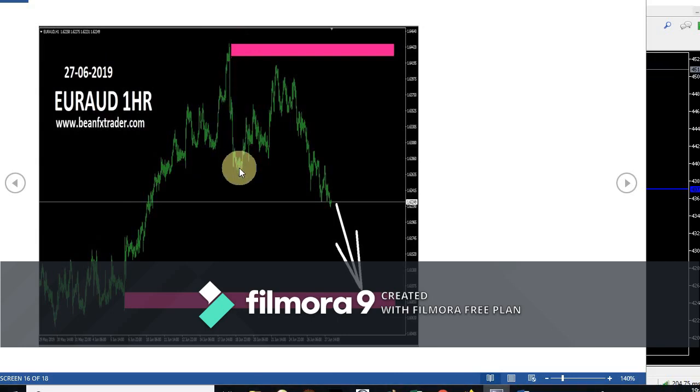Then the bulls came in and pushed price, but not to the initial top. The bulls were not able to push price to this resistance area, and sellers stepped in and pushed price downwards, and definitely price will go further down.